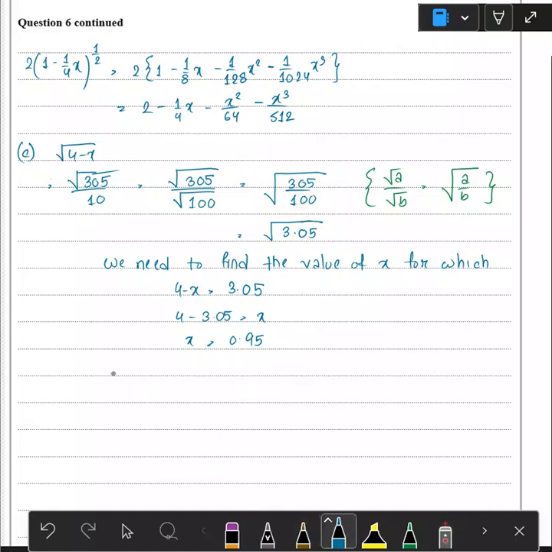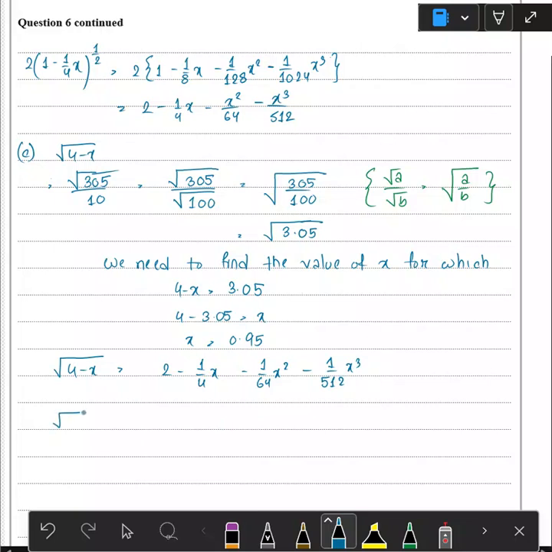Now, we know root over 4 minus x is equal to 2 minus 1 by 4 x minus 1 by 64 x squared minus 1 by 512 x cubed, right?